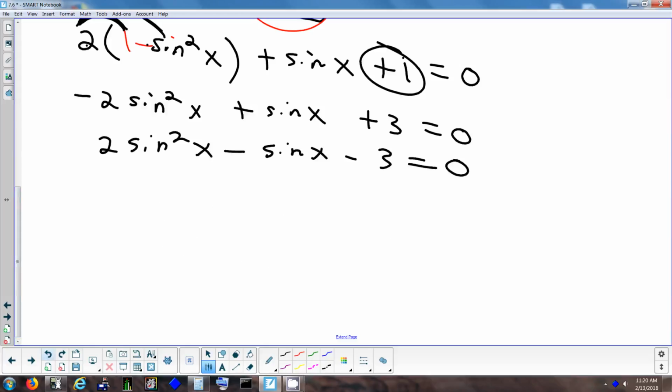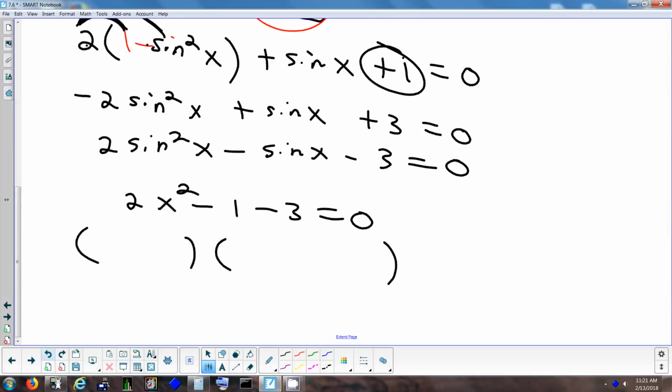Now, to factor that, I'm going to factor it pretending like we just had x's, just to kind of avoid sine for now. So I want you to just try to factor this. If you can factor that, it's the same as what's above it: 2, negative 1, 3. So start with your parentheses. What would be your first term in each set of parentheses?